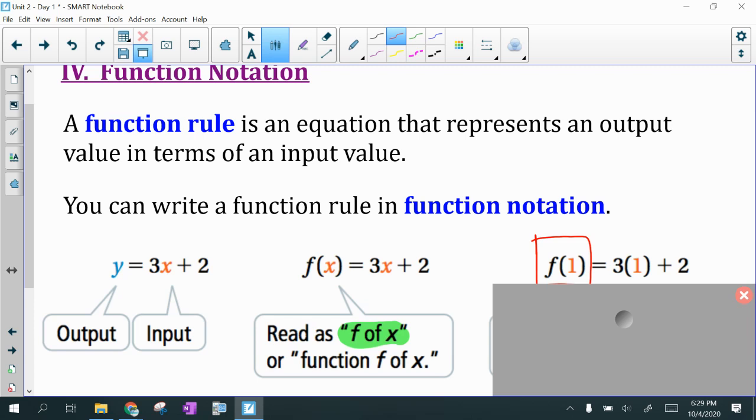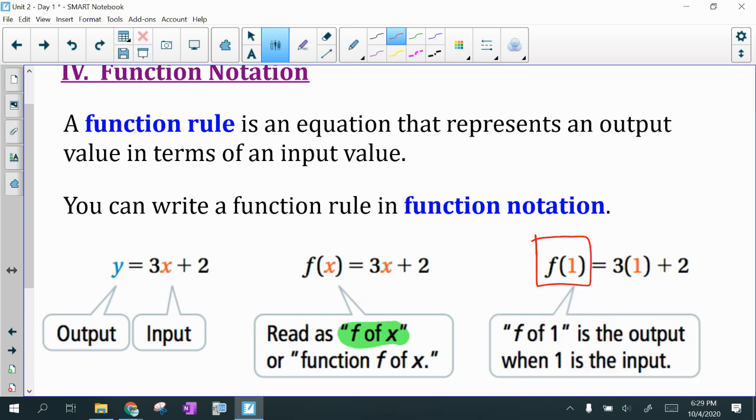Well, when you're asked to evaluate the function, or to find f of 1, all you need to do is, every place that there's an x in the original function, plug in that value. Just keep it simple. Please, just keep it simple.